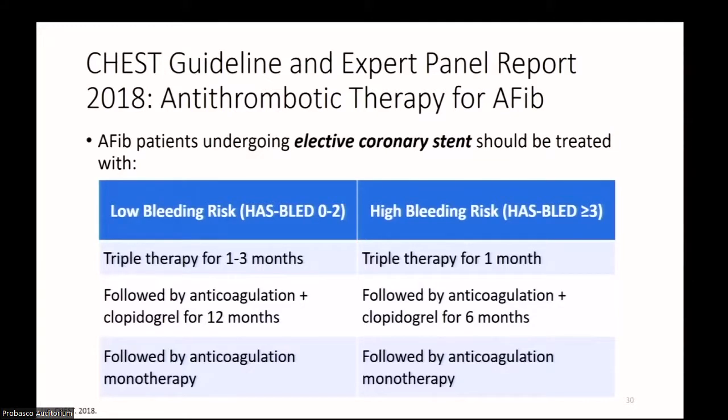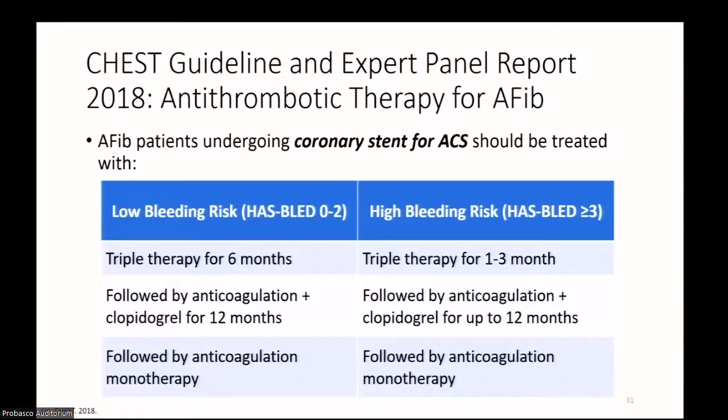That's for elective. The other situation the guidelines address is for patients undergoing coronary stent in the event of an ACS. The guidelines state that these patients, if they are low bleeding risk, based off their HAS-BLED score, should be treated with triple therapy for 6 months, followed by anticoagulation plus clopidogrel for 12 months, followed by anticoag monotherapy.